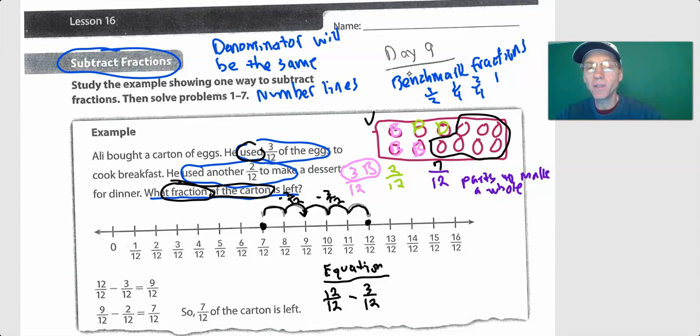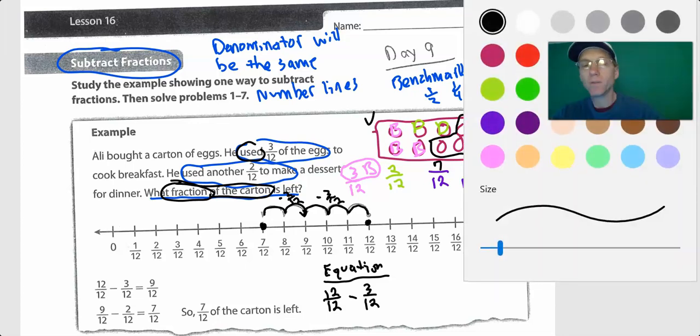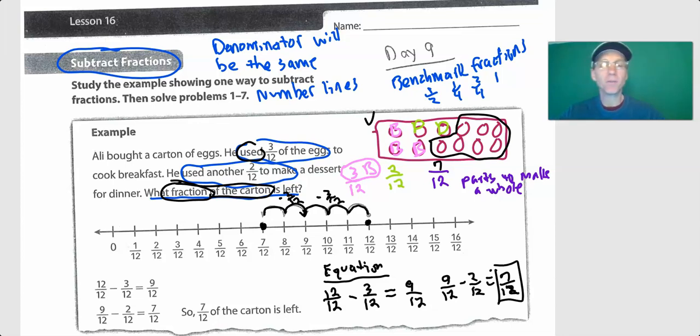It just looks weird, so it's easier to start with this part here. After breakfast, he's got 9/12 left. And then from 9/12 we can subtract what he used to cook the dessert for dinner. It's always a good idea to put a box around that.